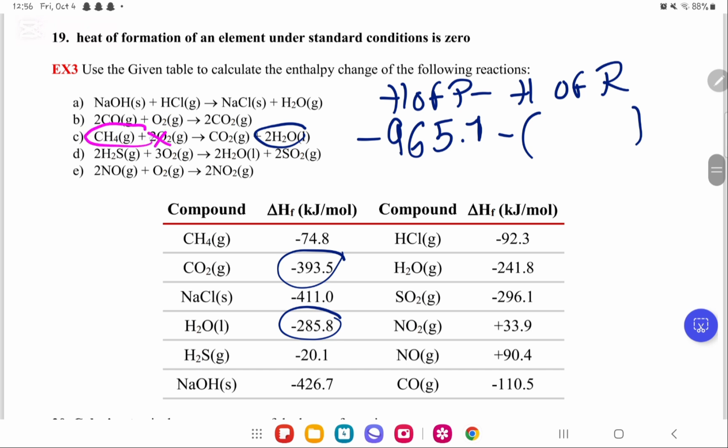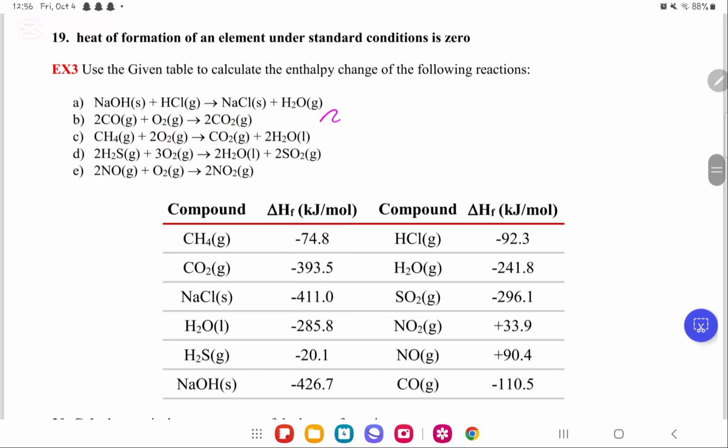Then we have CH4 gas. CH4 gas is negative 74.8. So the answer is gonna be minus 965.1 minus 74.8. We are gonna get then negative 890.3. So the answer for the third one is negative 890.3.